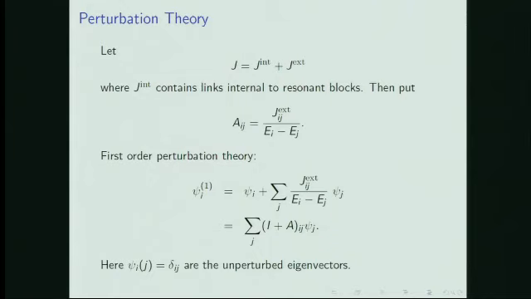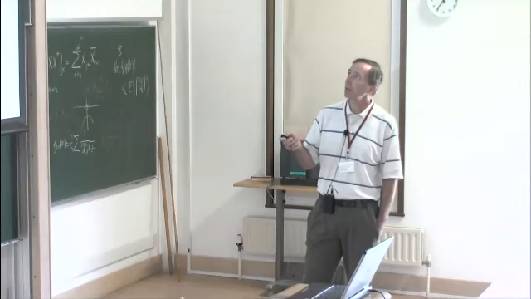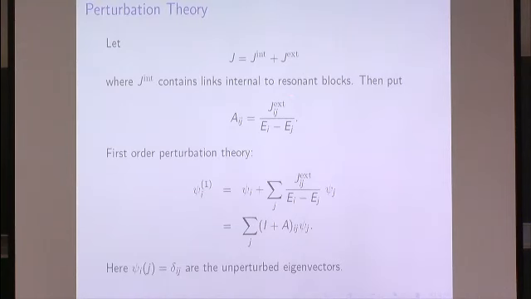So what we have to do, you see, is divide the off-diagonal elements of the Hamiltonian into the internal portions, which are within the resonant blocks, and external, which are not affected by the resonances. We only expand in the external links, J_ij. Now let's define this matrix A_ij, J_ij over the change in energy.